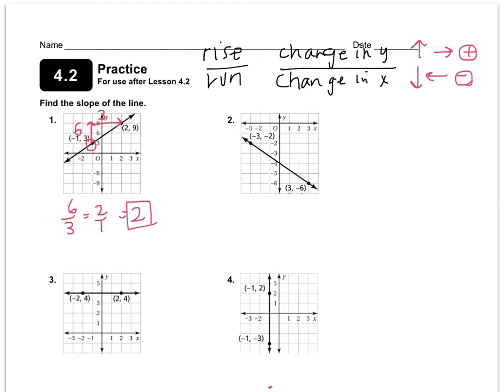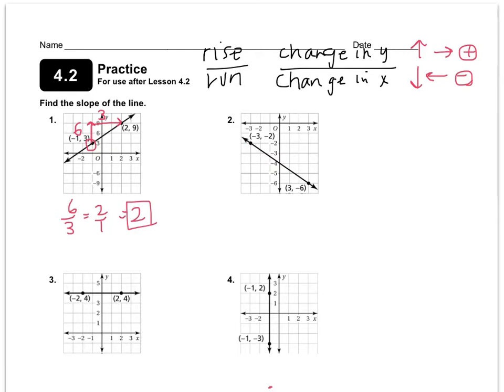Now I should know that my slope is positive because positive lines look like they do in number 1. I know that my slope in number 2, spoiler alert, is going to be negative because this is what negative lines look like. Look at the difference between the direction of a positive line and the direction of a negative line. You should always look for those if you ever forget to pay attention to the direction you are moving.